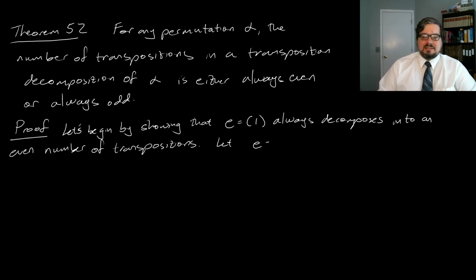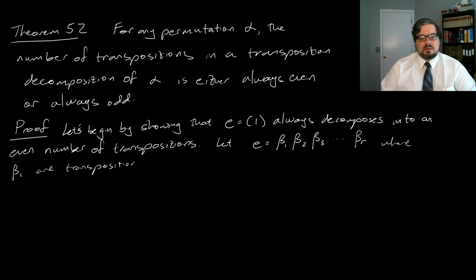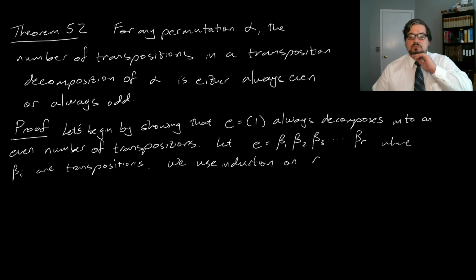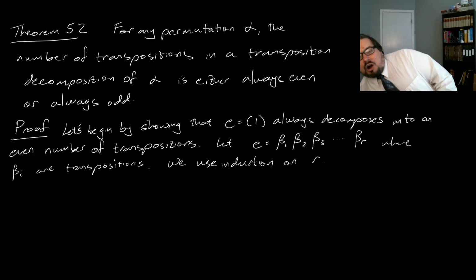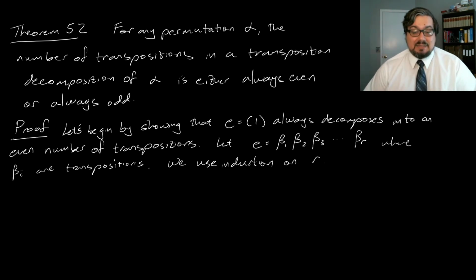So let's let the identity be equal to a product beta 1, beta 2, beta 3 up through beta r, where the beta i's are transpositions. And then we use induction on r. And basically what the induction is going to be is that r has to be even.